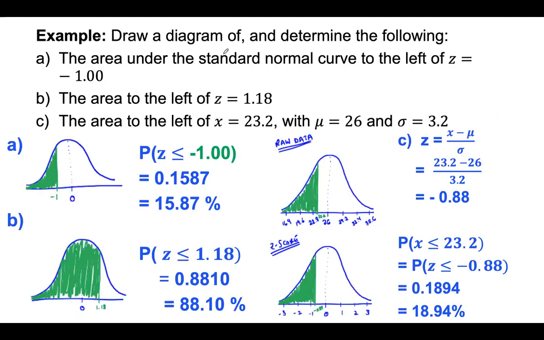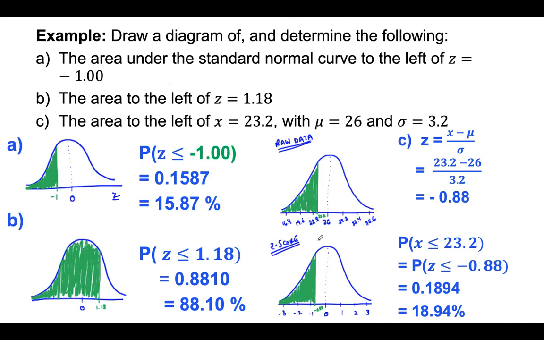So let's draw a diagram and try to understand the following questions. The first one asks for the area under the standard normal curve to the left of z equals -1. So here's the probability of z less than or equal to -1.00. We draw this, and this is our z, we have our 0, and we have -1 here. So we want to find this green area.